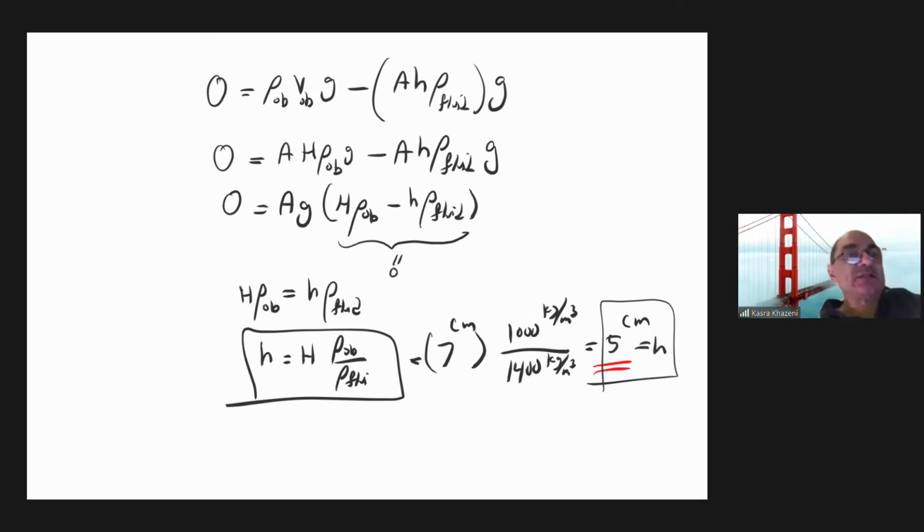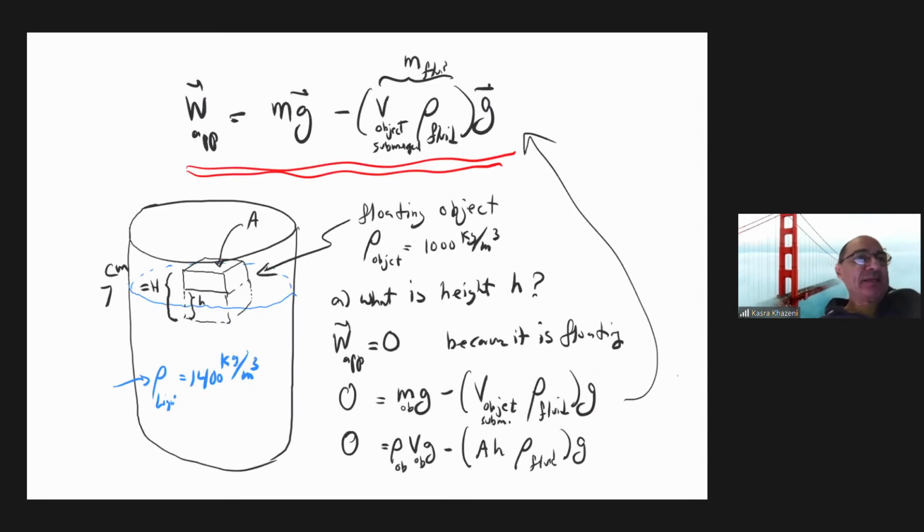So this is a pretty straightforward problem in calculating what they're asking, which is how much of it is underwater, using the buoyant force. Now, this whole concept that objects lose weight when they are submerged in a fluid is called Archimedes' principle.